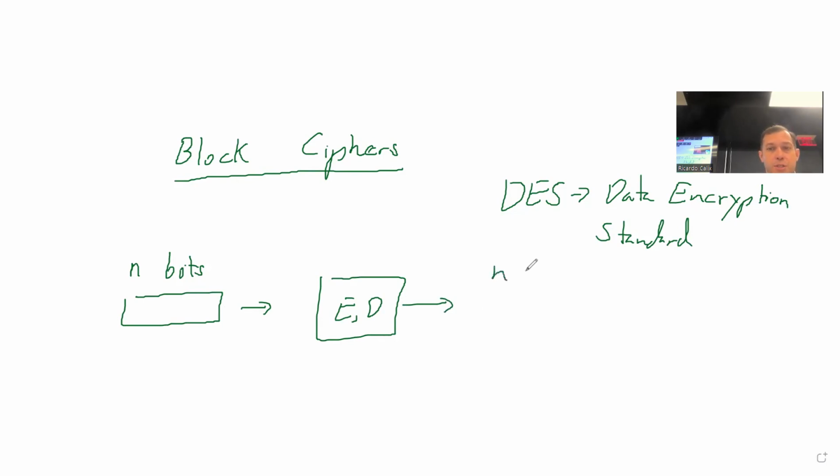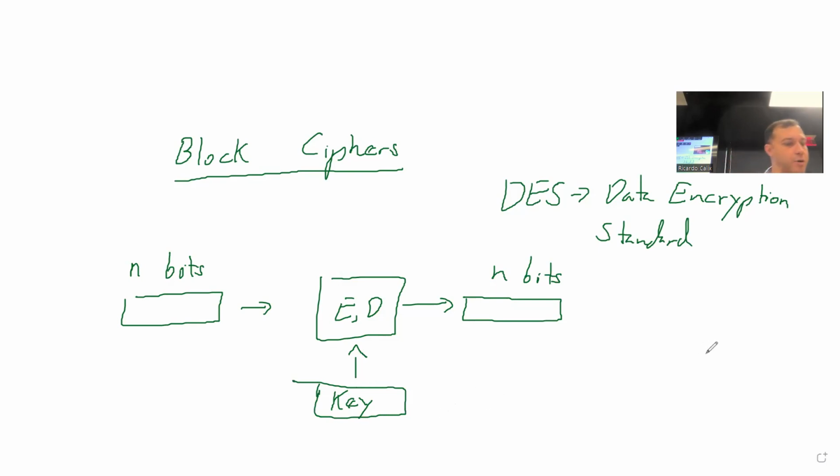And that produces n bits, right? That's the formal definition of this. And of course, we have one key. That has been the constant in everything that we've done so far: we always just have one key of k bits.